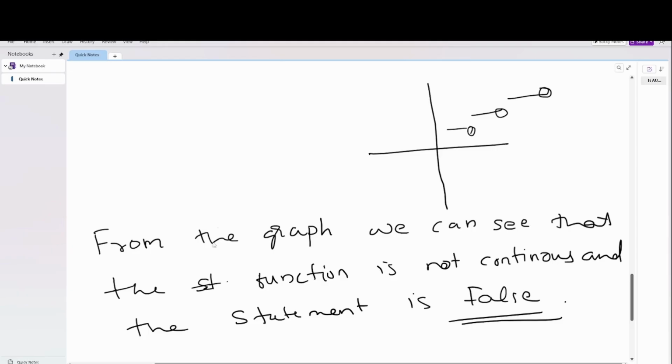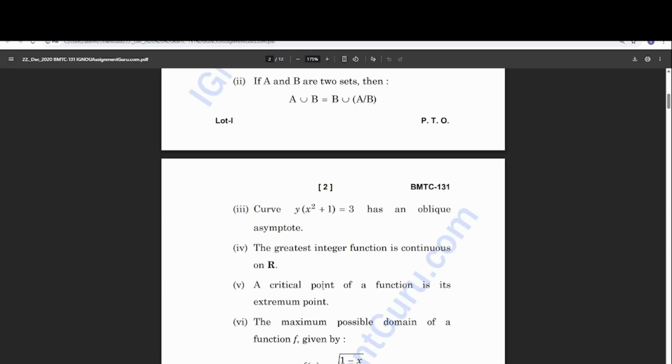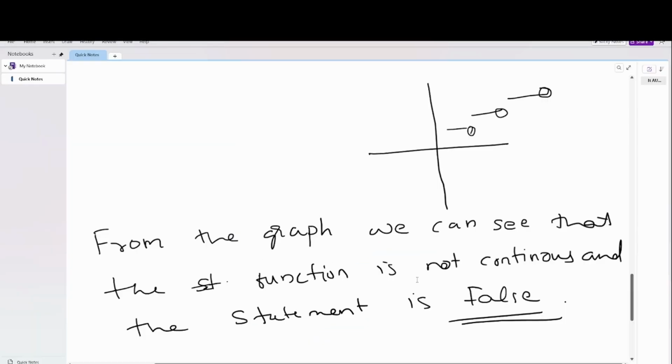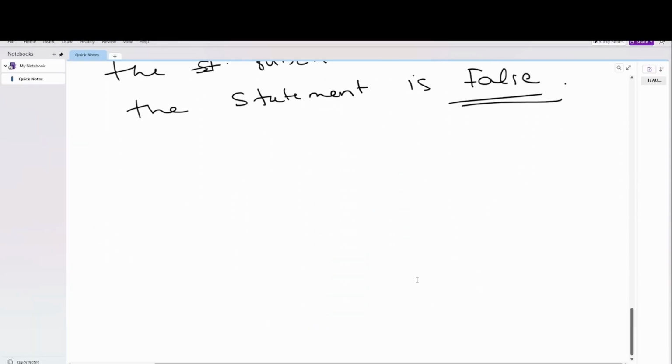So next question, fifth question. A critical point of a function is its extreme point. This statement is also false, because an extremum point of a function will be its critical point, but it's not necessary for a critical point to be an extremum point.